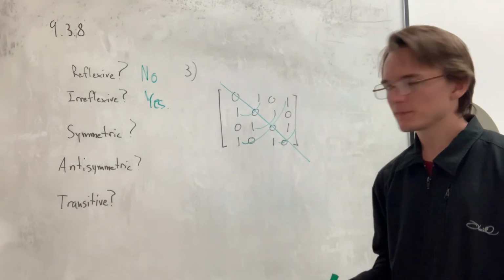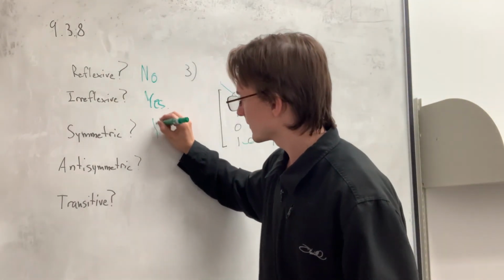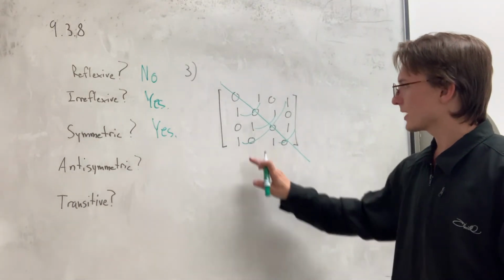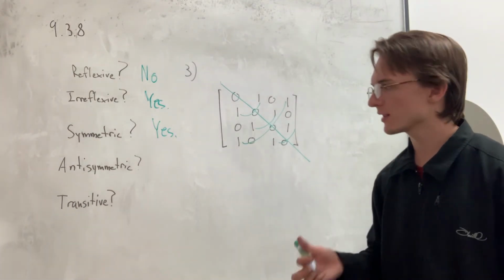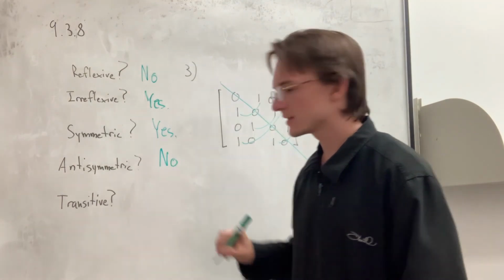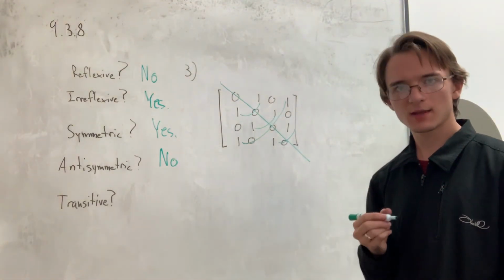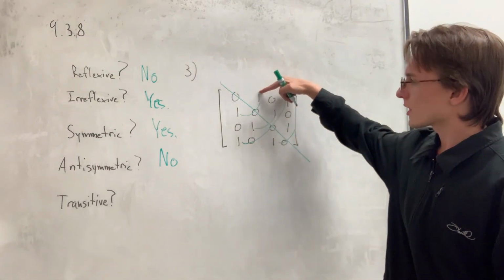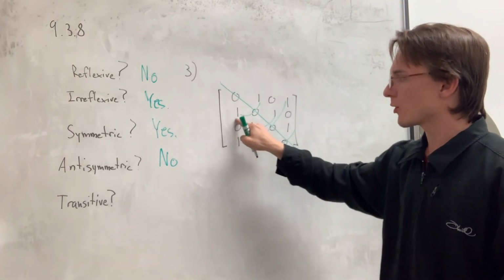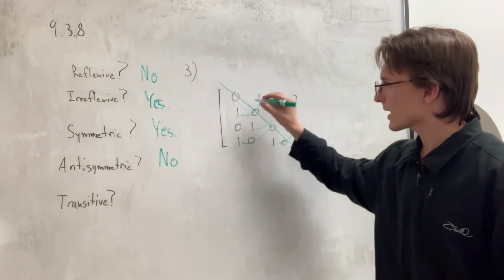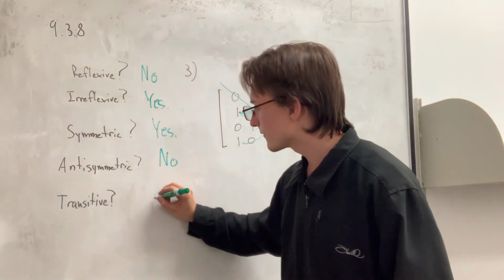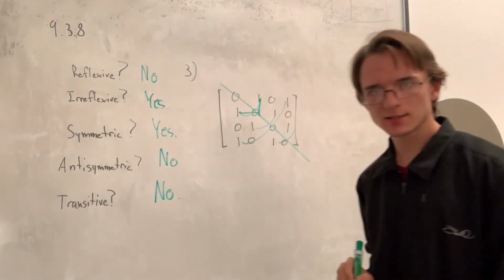Looks symmetric to me. It's mirrored across the diagonal. Is it antisymmetric? Well, we have at least one symmetric pairing, therefore it is not antisymmetric. Is it transitive? We have 1, 2, we have 2, 1, but we don't have 2, 2. Therefore, it is not transitive.